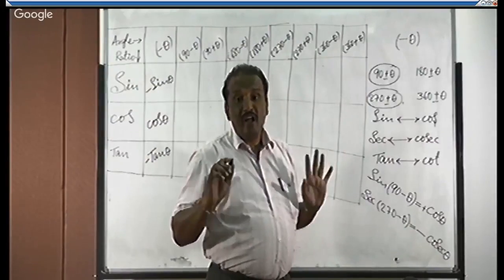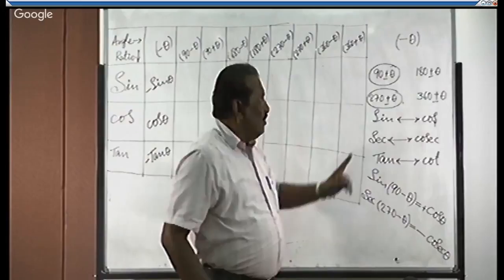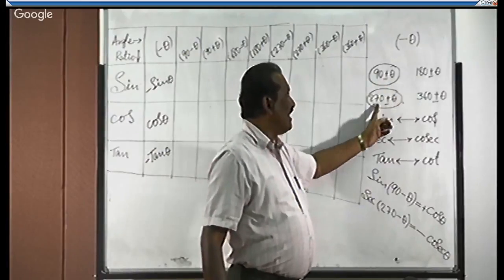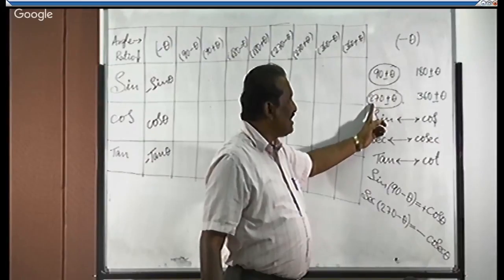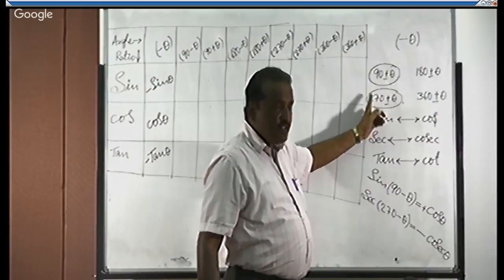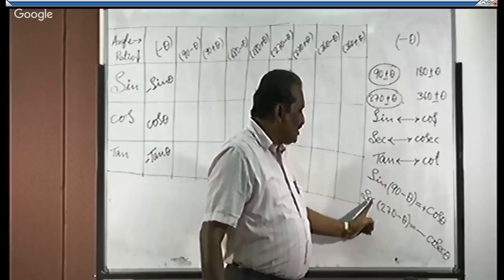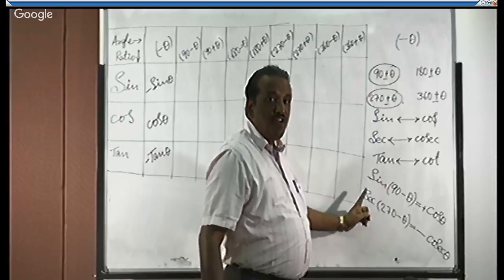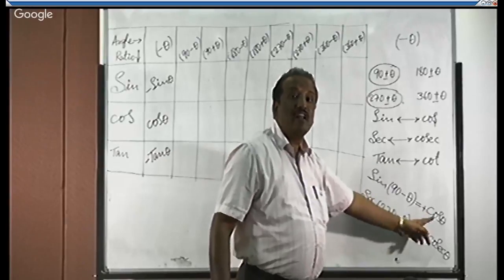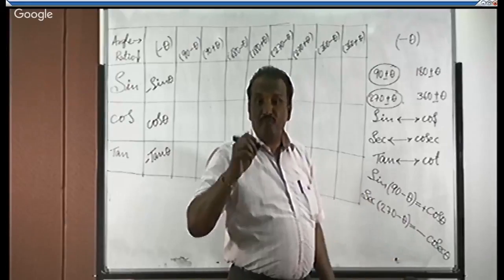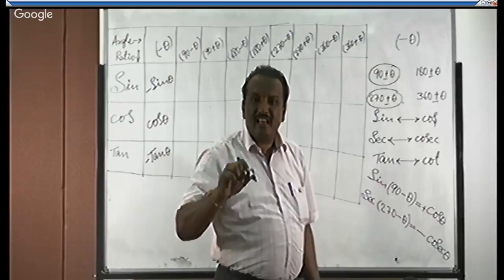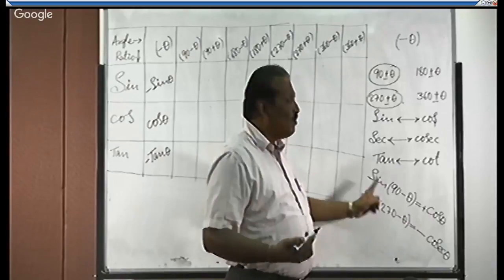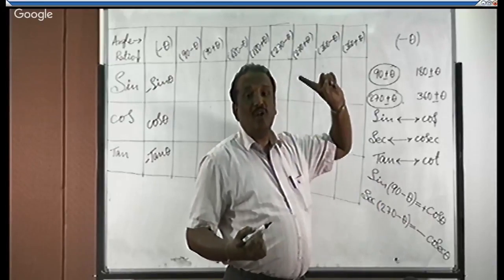I hope you understand this convention. Whenever you are going to connect any trigonometric function for the angle of 90 plus or minus theta or 270 plus or minus theta, whatever trigonometric function is on the left hand side, write its co-function on its right hand side. Before that, decide whether it takes a plus sign or minus sign on its right hand side by using the ASTC rule of signs.